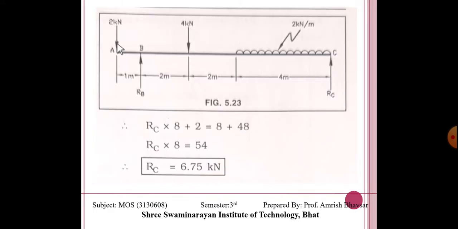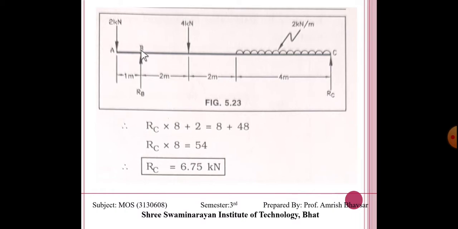Our beam is something like this. It is an overhang beam. Here A, B and it is C. 2 kilonewton point load at A, 4 kilonewton point load here and 2 kilonewton per meter load over here. So, we have to convert this into a point load.